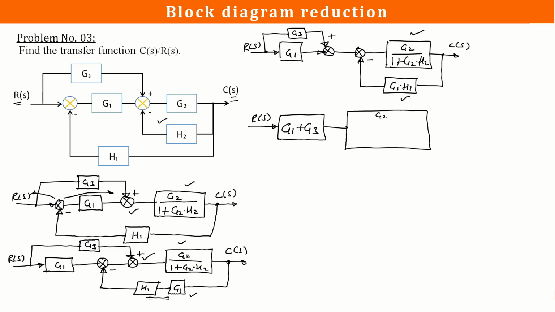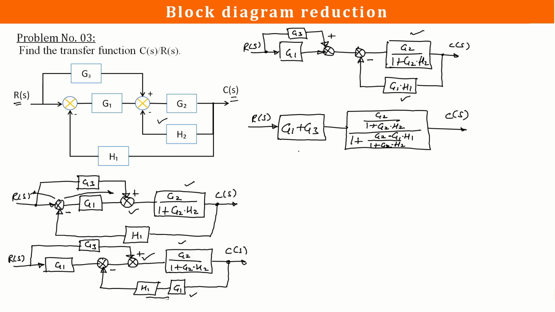So it will be G2 upon 1 plus G2 into H2. Now this signal is minus, so it will be plus here, G2 upon 1 plus G2 into H2 into this block. So it will be G1 into H1, and then we are having an output as C of S.